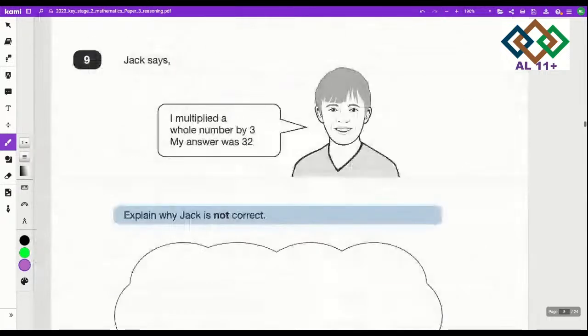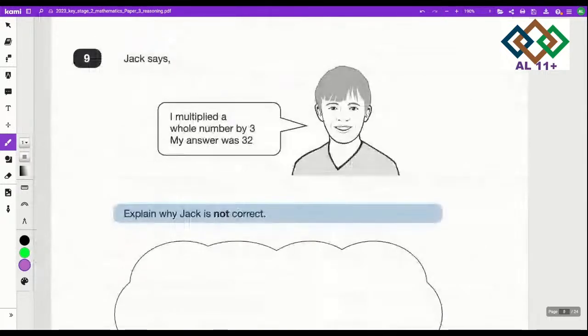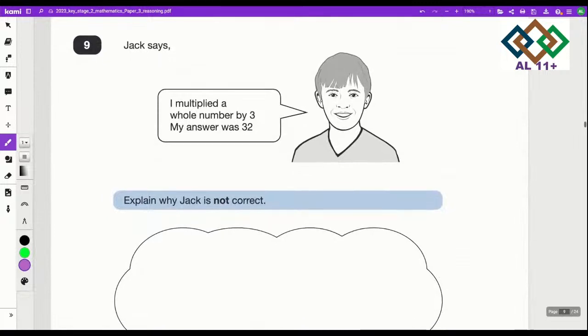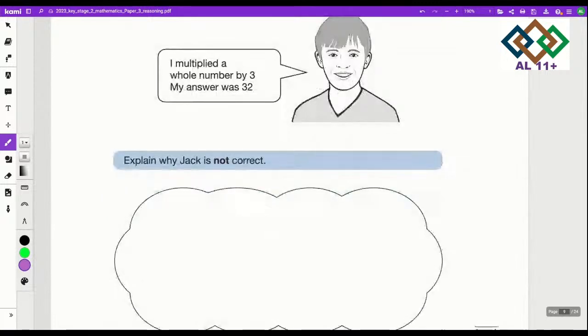Okay. So now it is, I multiplied the whole number by 3. My number is 32. Explain why Jack is not correct.